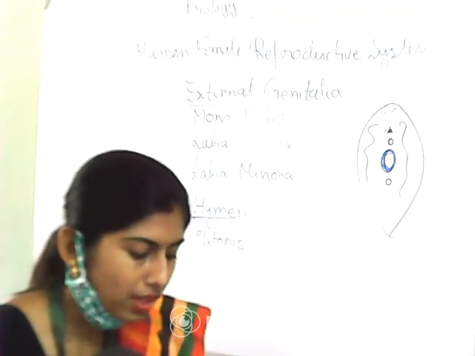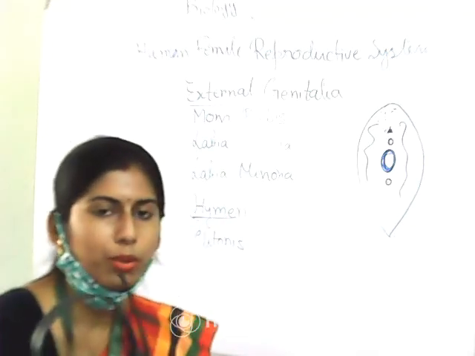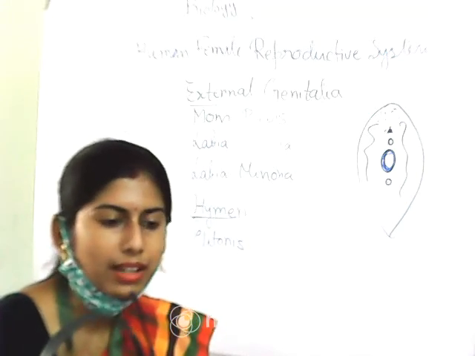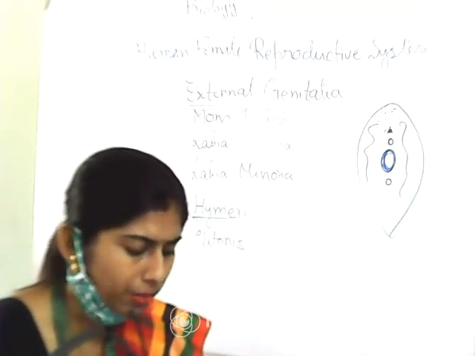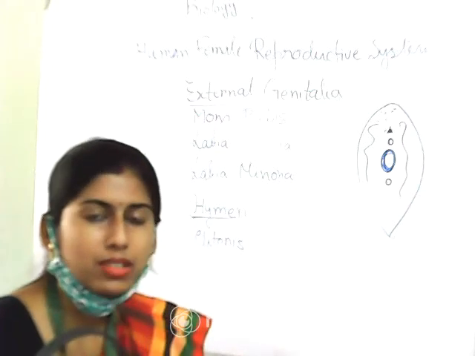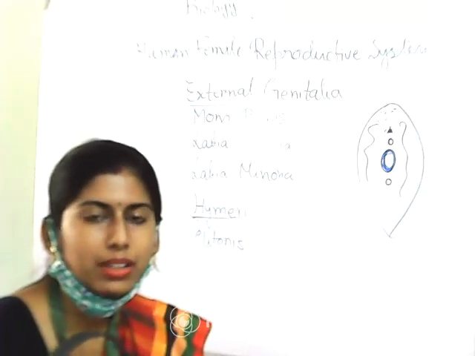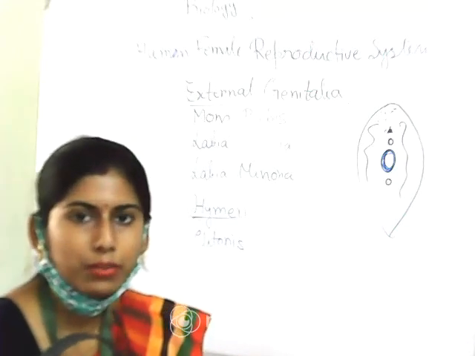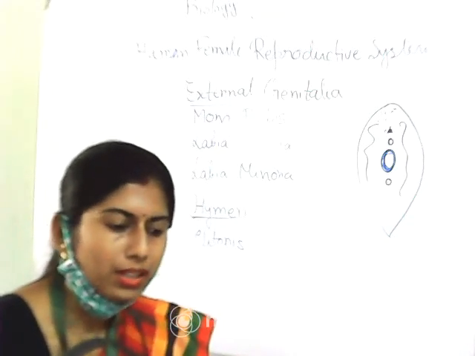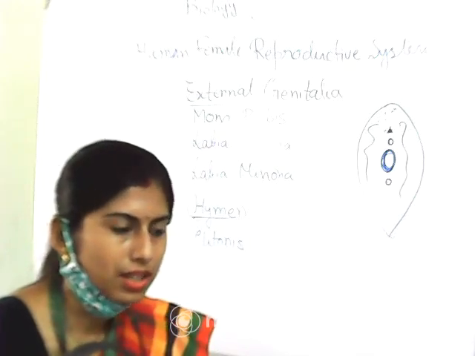And in some women the hymen persists even after coitus. In fact, there is a myth that the presence or absence of the hymen defines the virginity of a female.